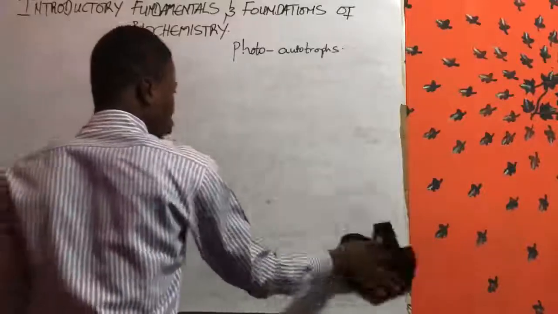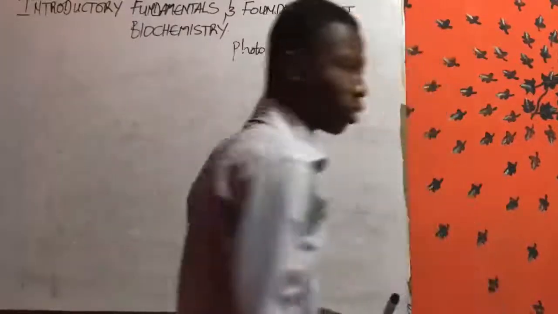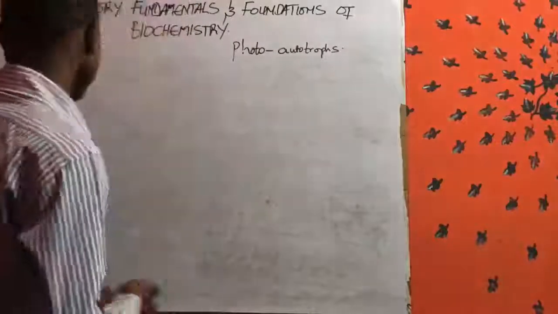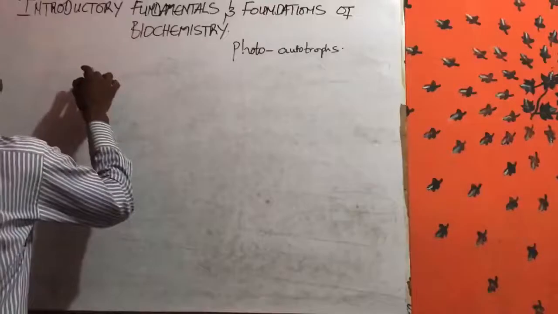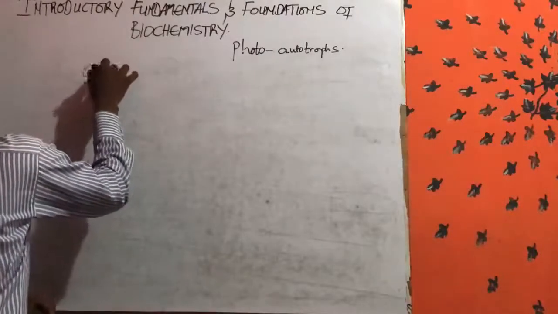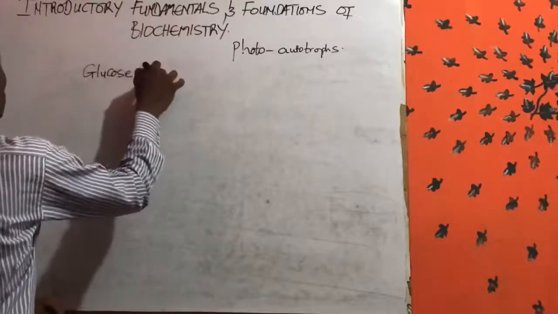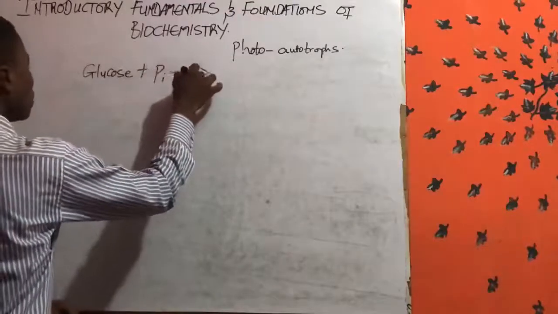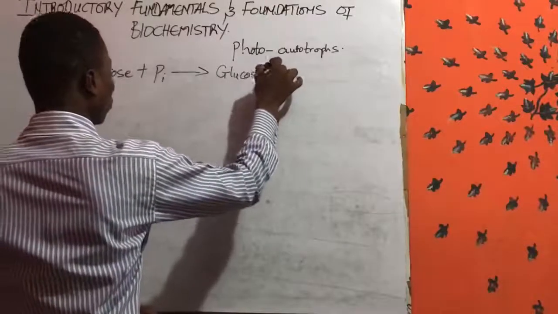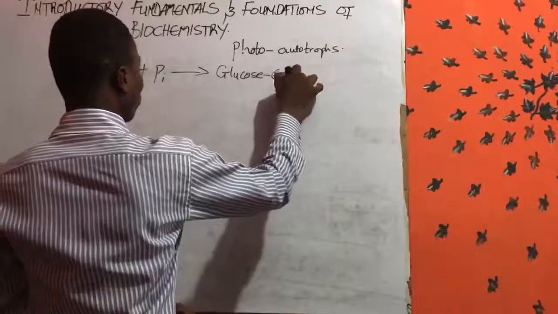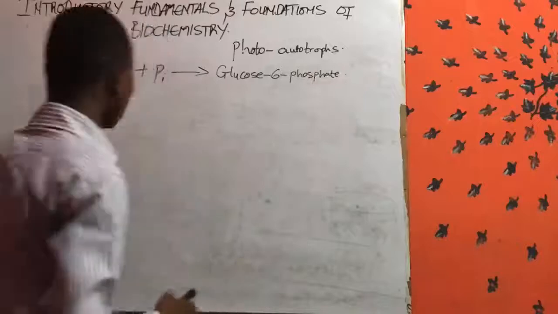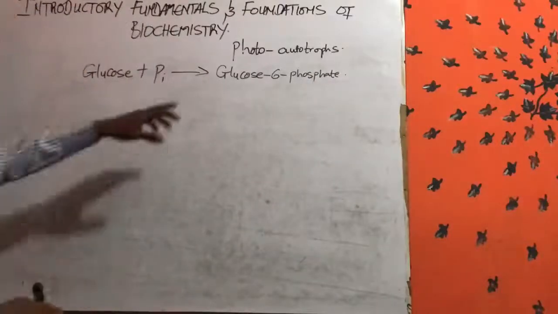In a cell, for instance, let me look at the first step in glycolysis. Now, the first step in glycolysis would have normally occurred this way: glucose plus inorganic phosphate to give me glucose 6-phosphate.